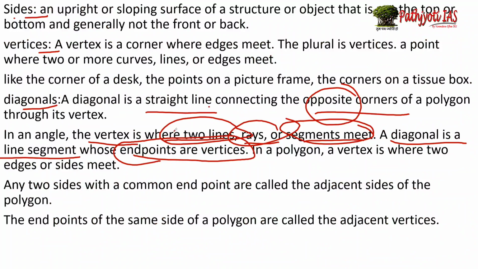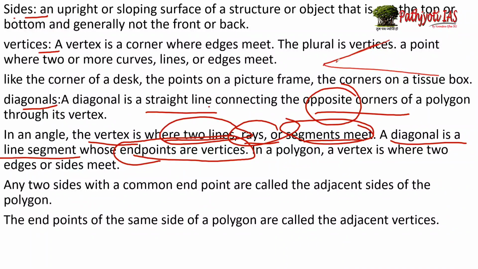Within this, we also understood a few other terminologies, like sides and vertices. Vertices are basically the corners: when two lines meet each other, they form a corner. For example, if you are following the screen, if this is a particular line and this is another line, this point will be the vertex, where the edges meet.